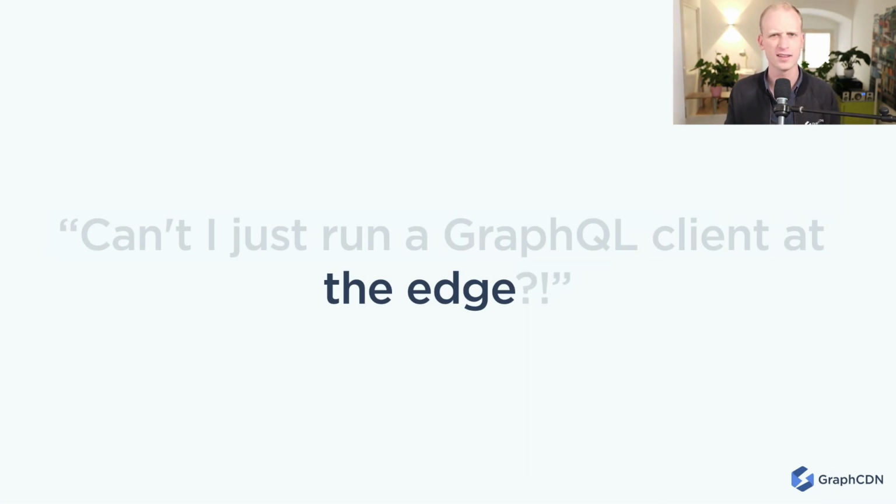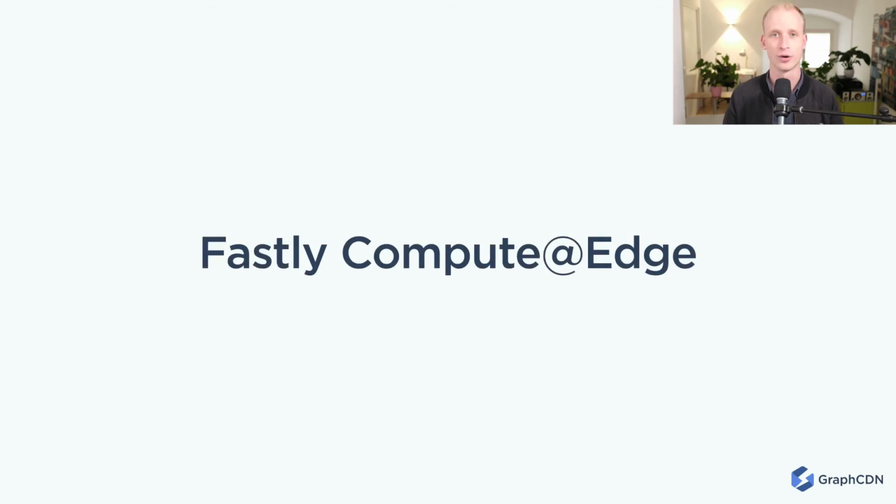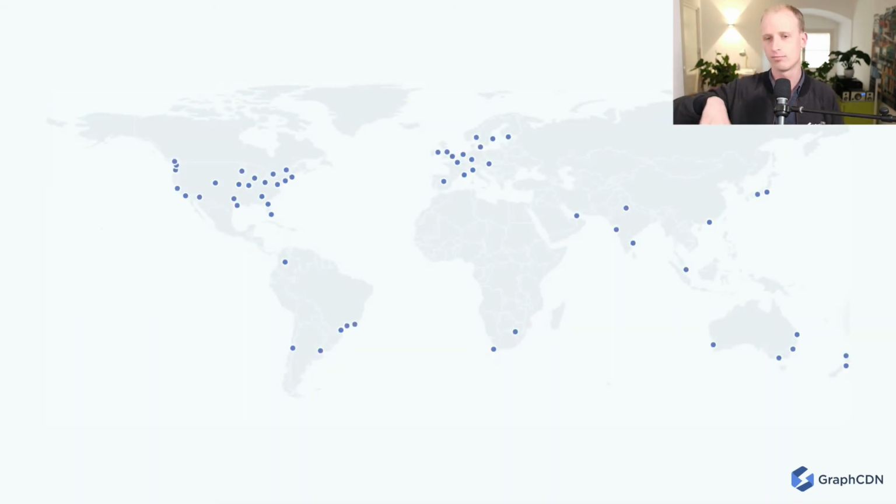because even if you could write this code, how can you actually run it at the edge? Well, the thing we use at GraphCDN is Fastly's Compute at Edge product. So what that is essentially is Fastly allows you to run code at their 60-ish worldwide edge locations. And you can run your code there, and Fastly takes care of all of the CDN stuff.